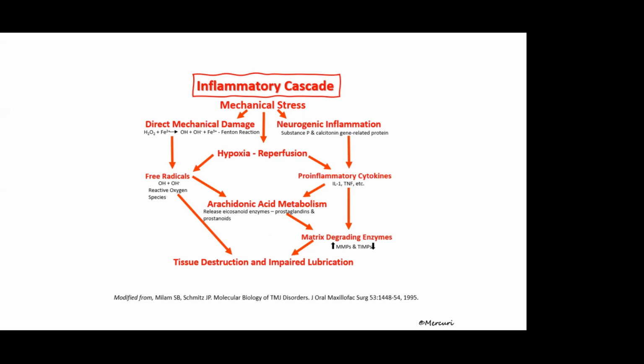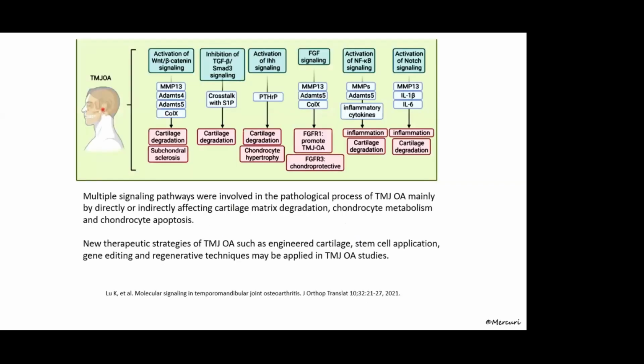So synovitis and the development of all of the alphabet soup of cytokines leads to degenerative changes that we see in any joint, including the temporomandibular joint. And recent research has shown that there are multiple signaling pathways that lead to cartilage degeneration. And so most of the work now is looking at how we can decrease the development of all of these cytokines that lead to cartilage degeneration.